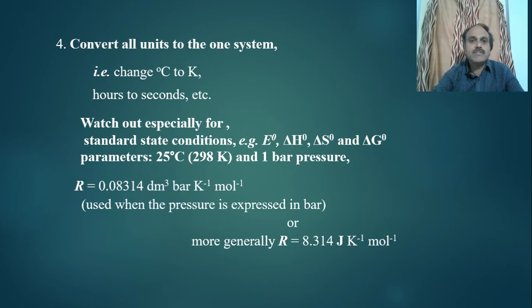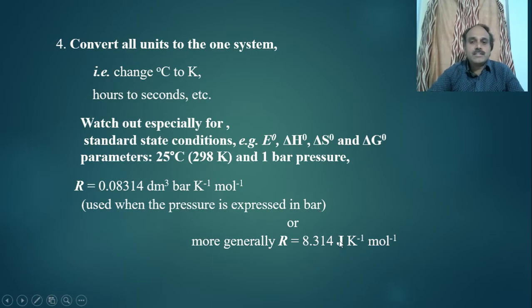Watch out especially for standard state conditions, such as enthalpy, entropy, energy and free energy, which are standard energy changes at standard conditions of 298 Kelvin and 1 bar pressure. If the gas constant is 0.08314 dm cube bar per Kelvin per mole, it is used when the pressure is expressed in bar.